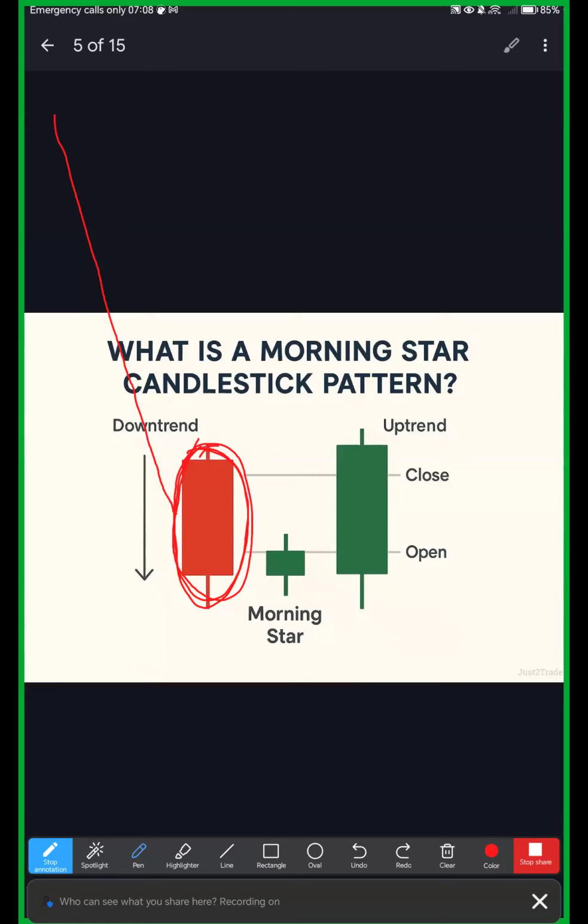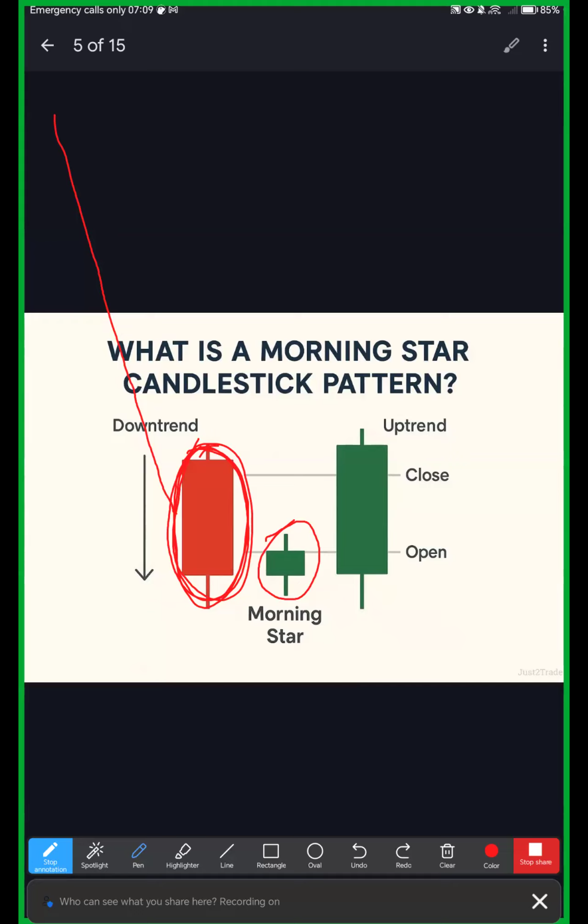Now, after this trade session is closed, you are going to see a second candle, the small candle in the middle of these two candles. This candle is the one referred to as a morning star.